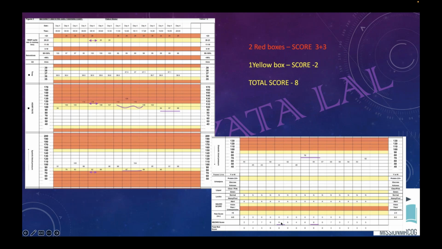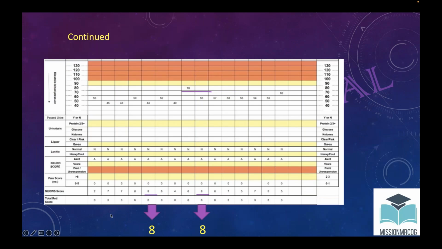So in the exam, you have to know how to look at the charts and do the interpretation. This is a zoomed form of the same. Now you can see the MEOWS score; they have written the MEOWS score here. It was fine for only the first 4 hours, then it became 8. Then after 2 to 3 hours, it is again 8.